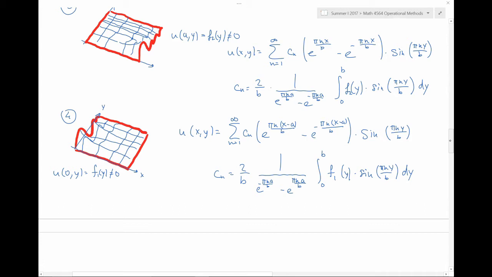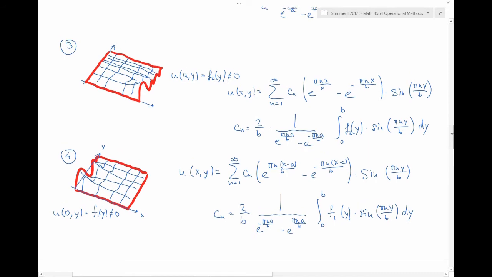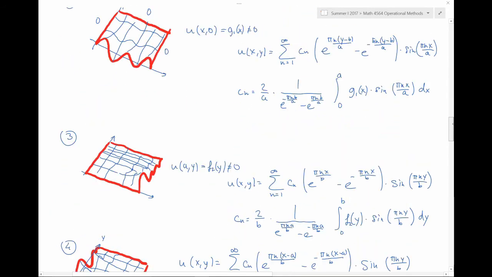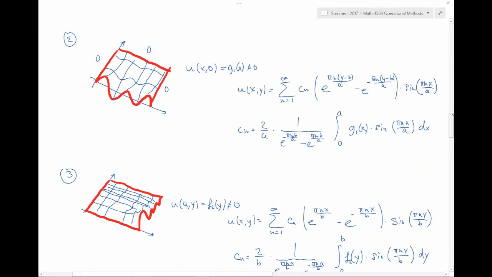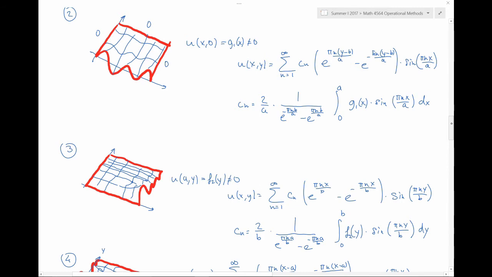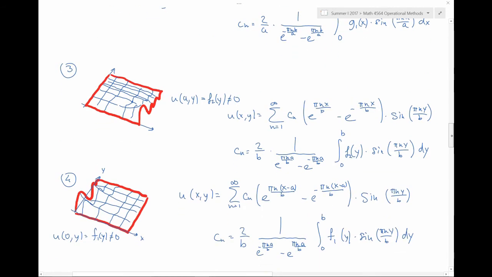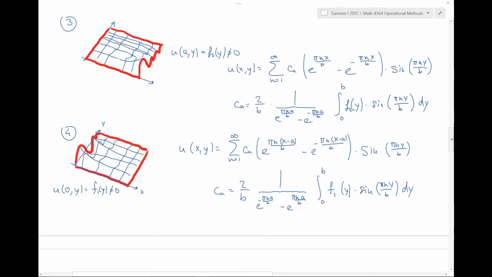And if we have more than one boundary non-zero, we can easily see that we can just break the problem into 1 or 2 or 3 subproblems where only one of the boundaries is non-zero, and then add up the solutions, because each one of those functions only affects one boundary and doesn't affect the other boundaries.